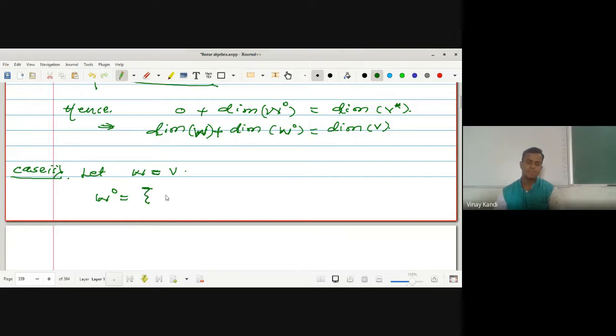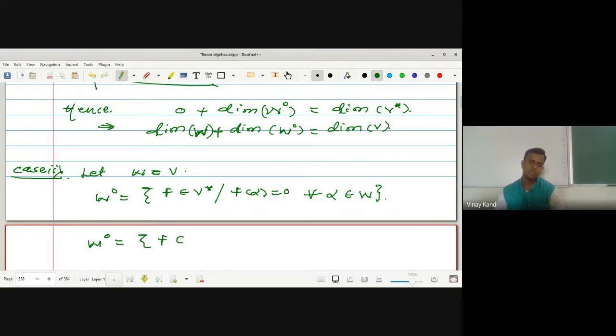By the definition, it is f belonging to V star such that f of alpha is equal to 0 for all alpha belonging to W, which is equal to f belonging to V star such that f of alpha is equal to 0 for all alpha belonging to V, because W is equal to V here.